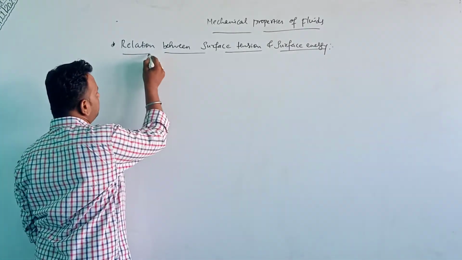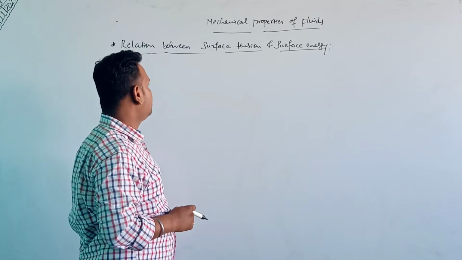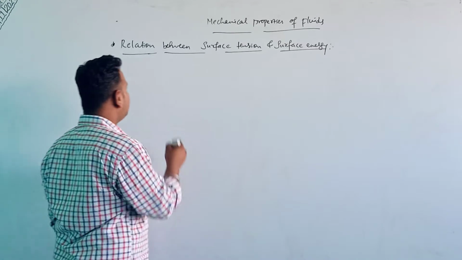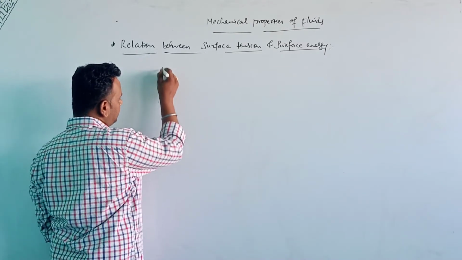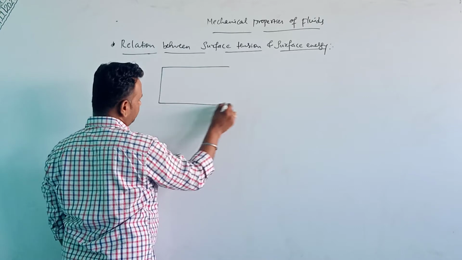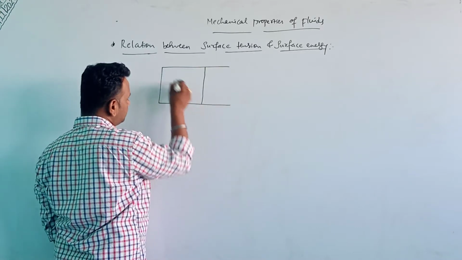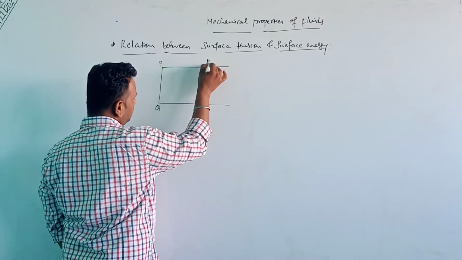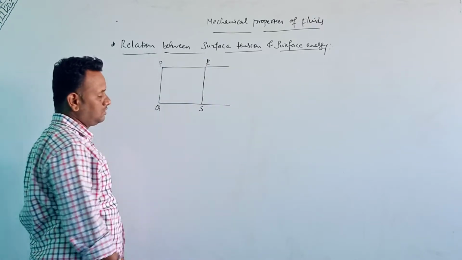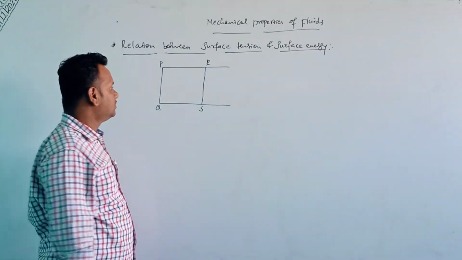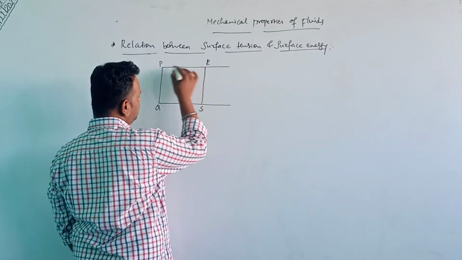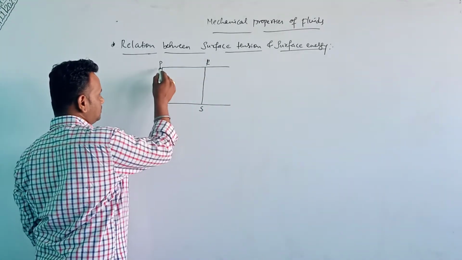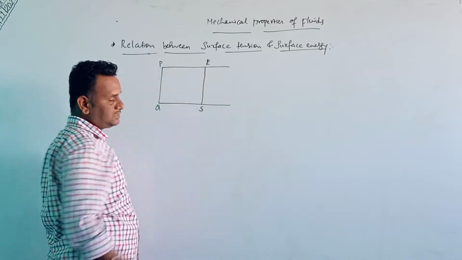Now let me explain the relation between surface tension and surface energy. For that, let us consider a rectangular frame P, Q, R, S, whose arms are PQ and RS.